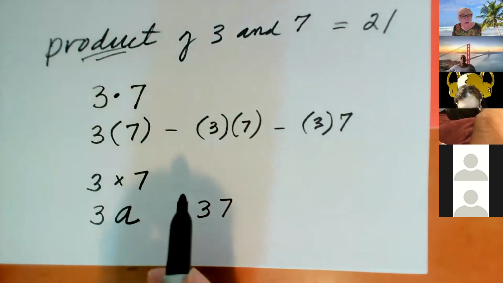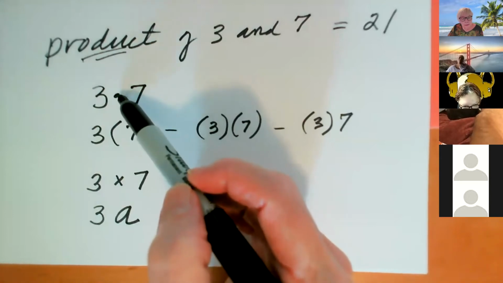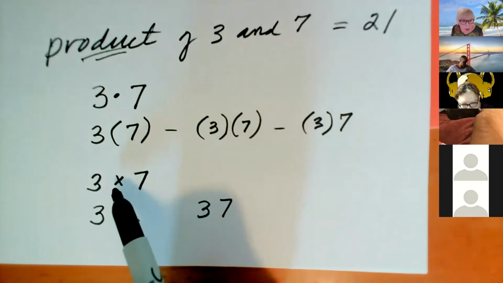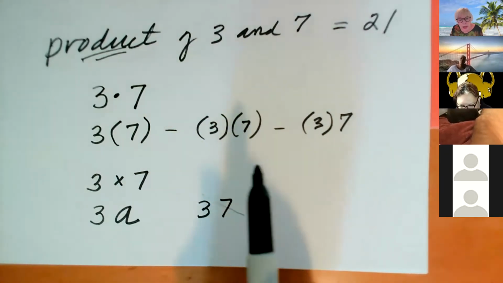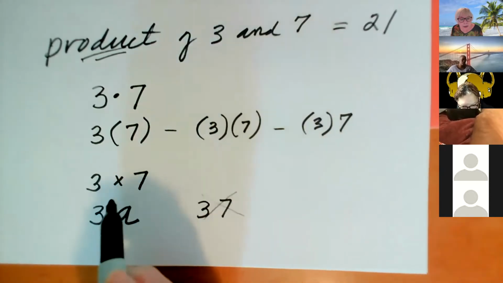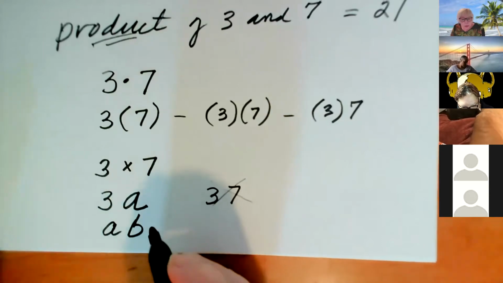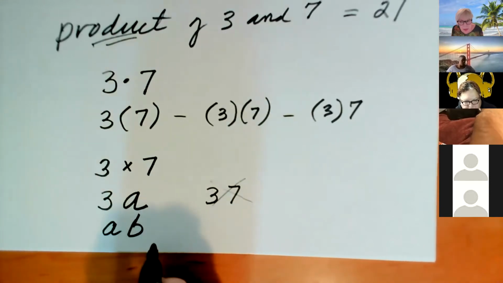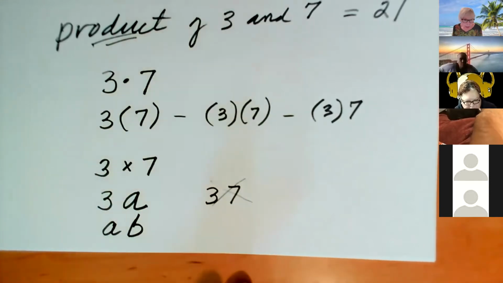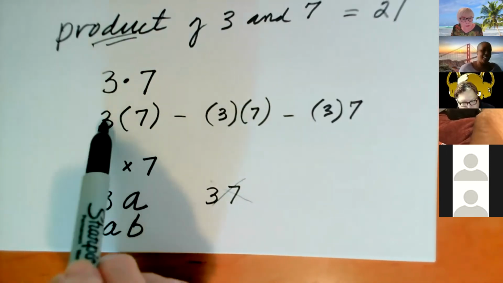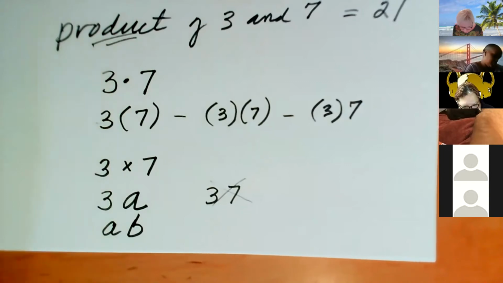So when you have two numbers, you've got to use the dot or the parentheses, or once in a while this, but I kind of avoid it. And so that would not work. But with a letter, or for instance, 2 and a letter, this is a number, this is a number, this would signify multiplication. So I just want you to be familiar with it, probably we'll be using the first 2 the most.